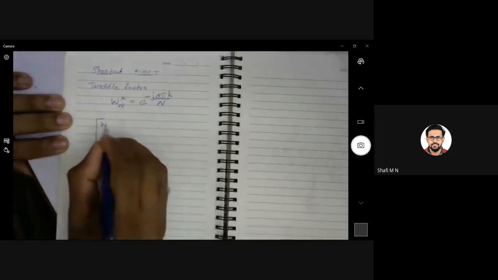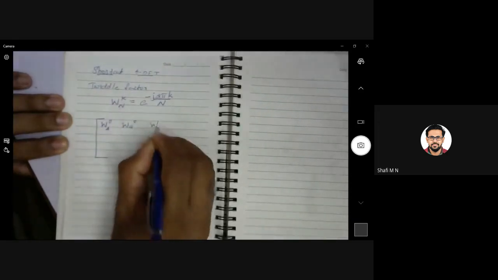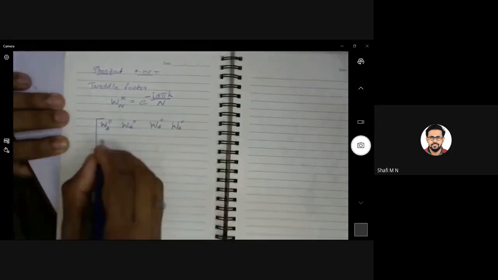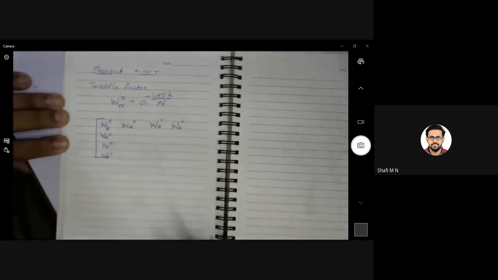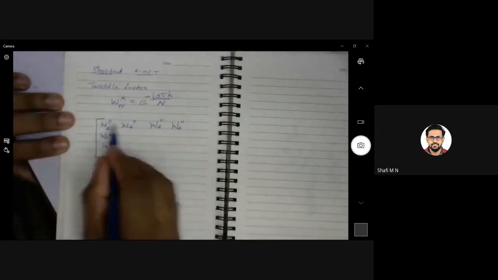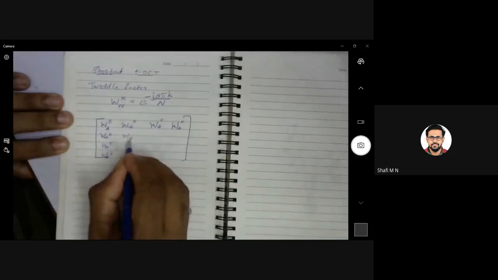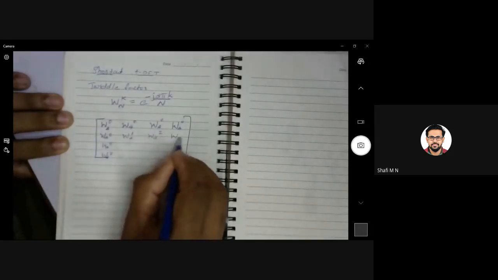W, always here you have N, in our case it's 4. So it's W_4^0. It's a 4x4 matrix. W_4^0, W_4^0, and the first row is all W_4^0. The first column also is W_4^0. So this is the first line, all zeros, right? Second line, it will be 0, 1, 2, 3.